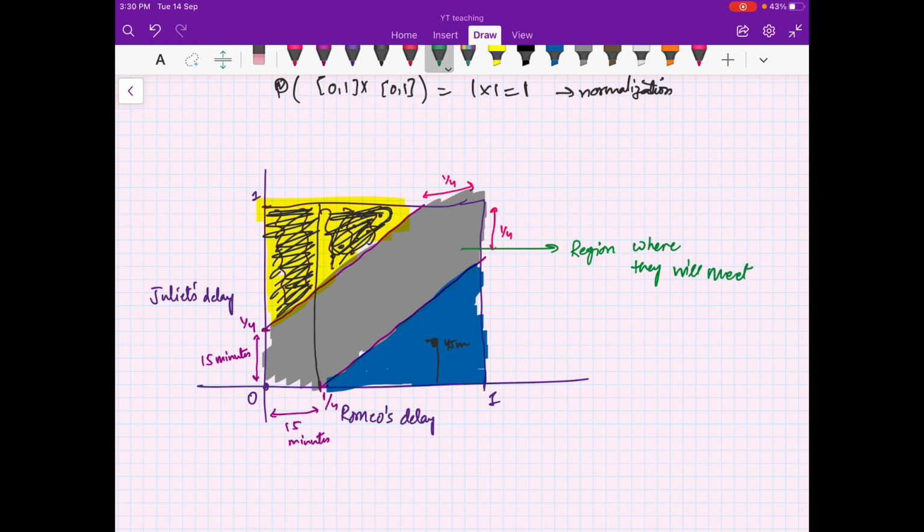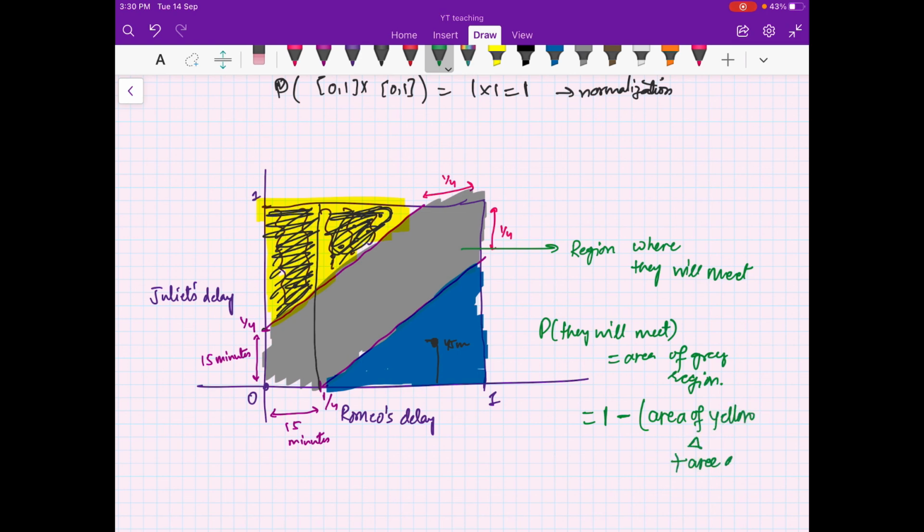So now what is the probability that they will meet? Equal to the area of this region, area of gray region. So what is the area of gray region here? So can you compute? So this is, total area is 1 minus area of yellow triangle, plus area of blue triangle.